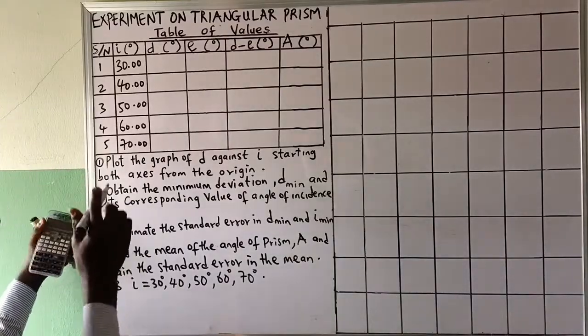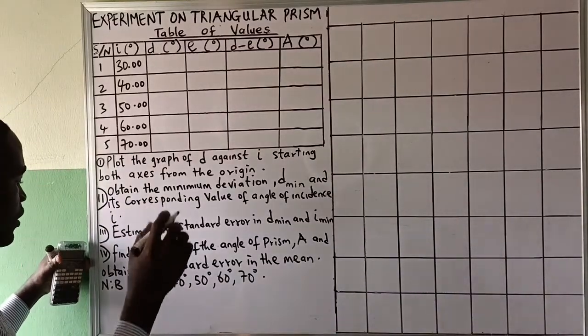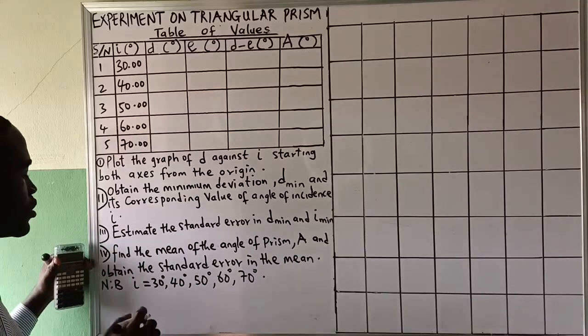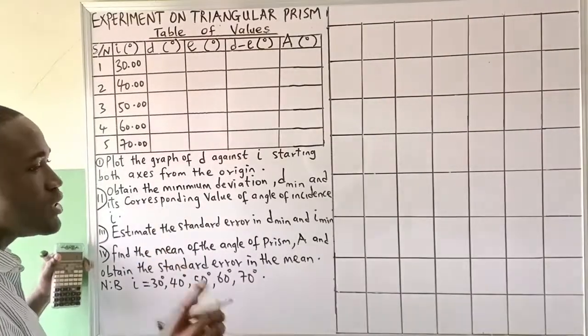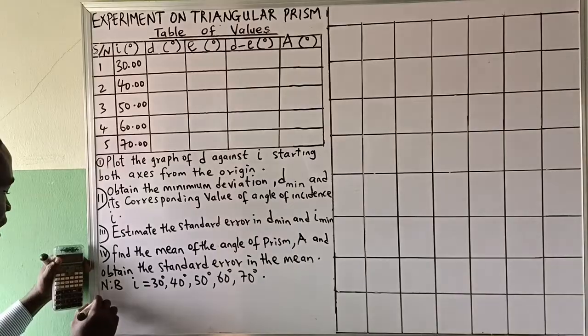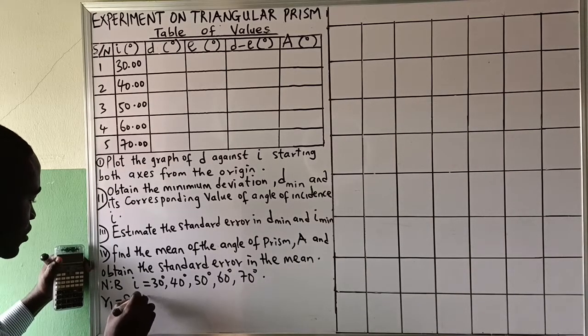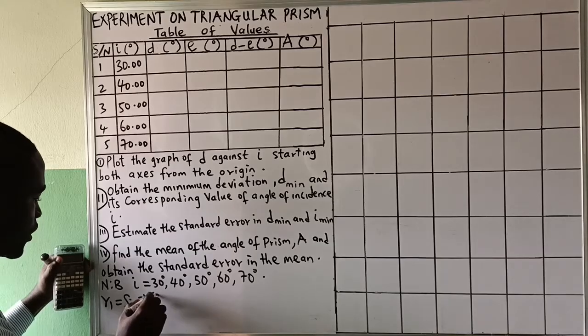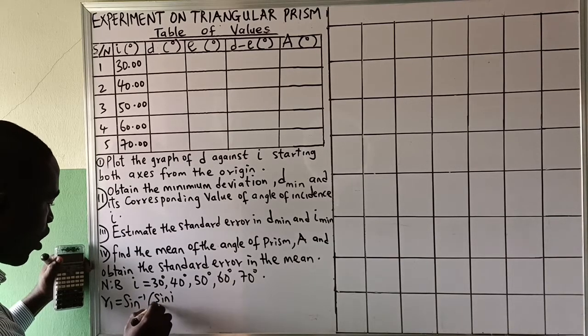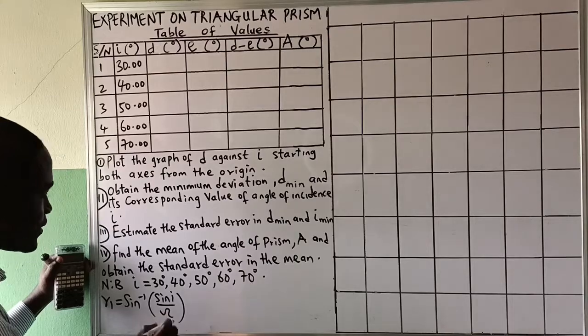Now, how do we get our D? It is important to note that the first formula we derived says that r1 is equal to sine inverse of sine i over the refractive index.